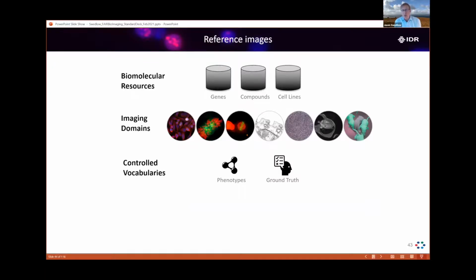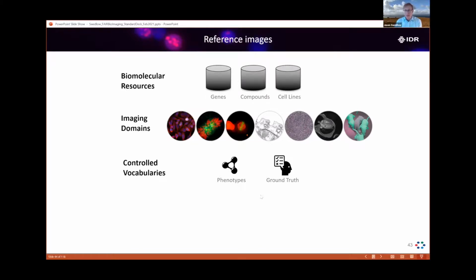In IDR, we're focusing on many different imaging domains, all the ones I mentioned before. But what we're looking for are data sets where we have a lot of annotation of, for example, genes, chemical compounds, biological information, etc. These comprehensive studies let us capture a lot of metadata that defines the different treatments and provides a way to connect these data sets across different domains.